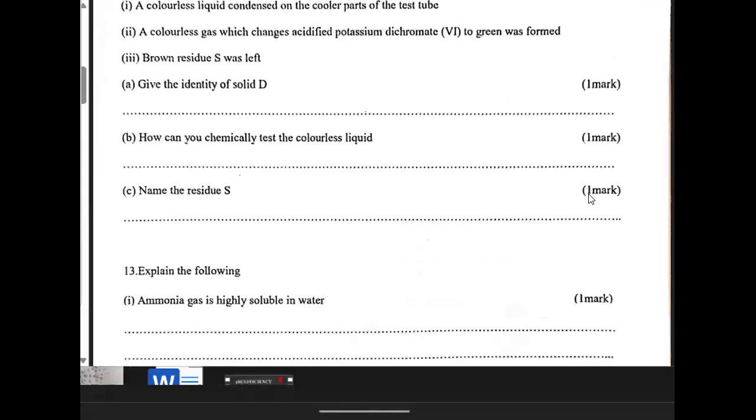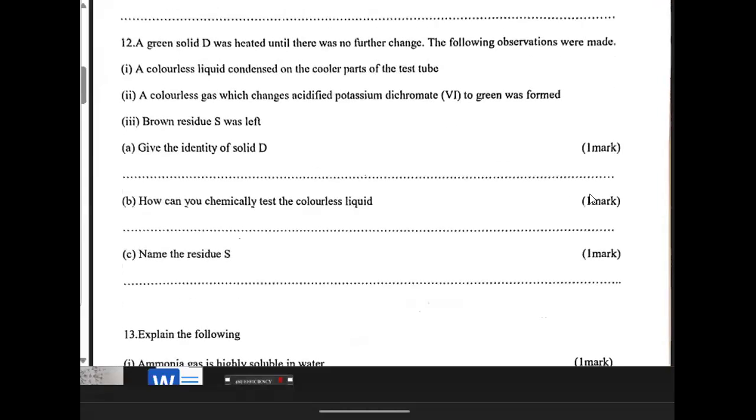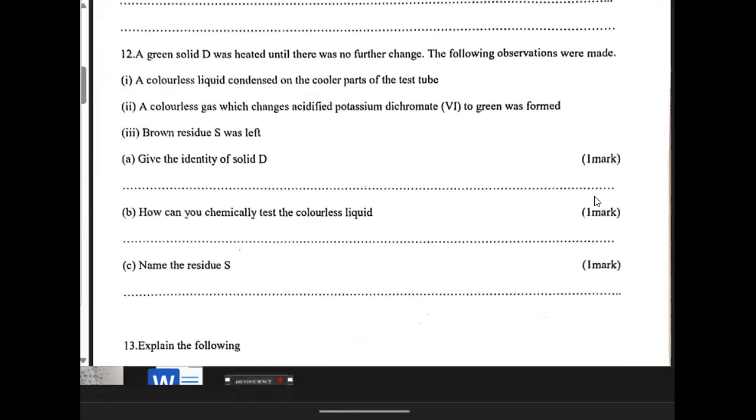The identity of solid D is iron 2 sulfate. The equation: iron 2 sulfate, an arrow, iron 3 oxide, sulfur 4 oxide, and sulfur 6 oxide. How do you chemically test for the colorless liquid? The salt is hydrated, and so it has given out water. The colorless liquid is water.